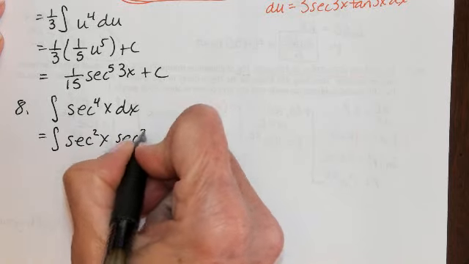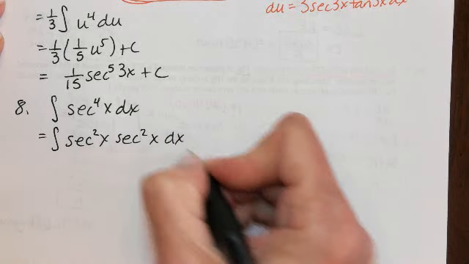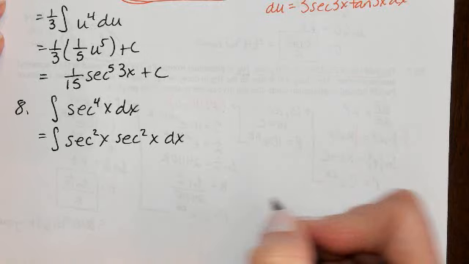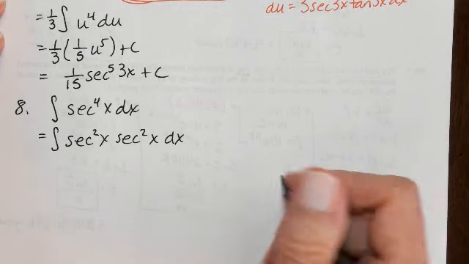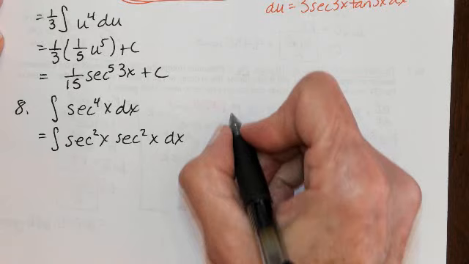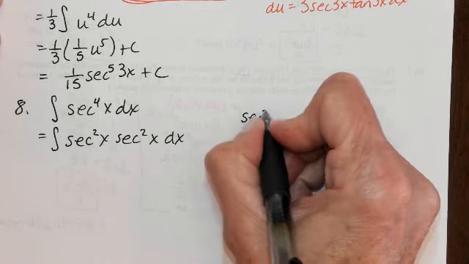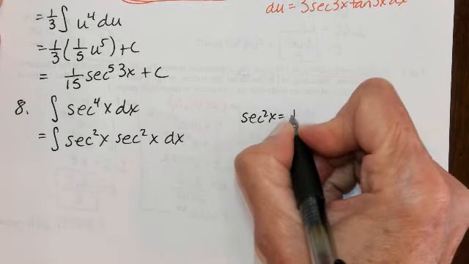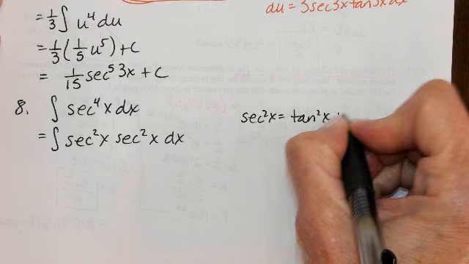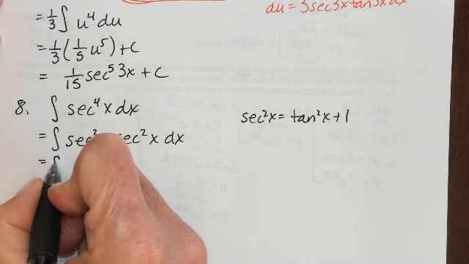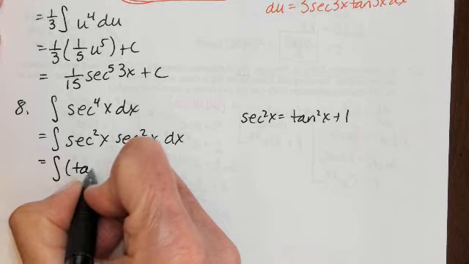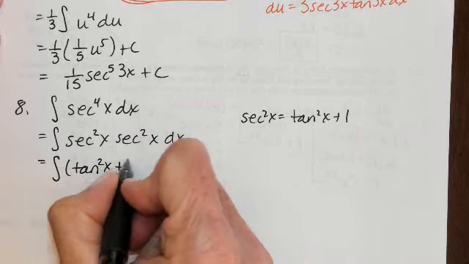Secant squared x times secant squared x. And now what? Well, again, what can we do here? The only thing I can think to do is use that Pythagorean identity that says that that is true. So I'm going to replace one of these secant squareds with tangent squared x plus 1.